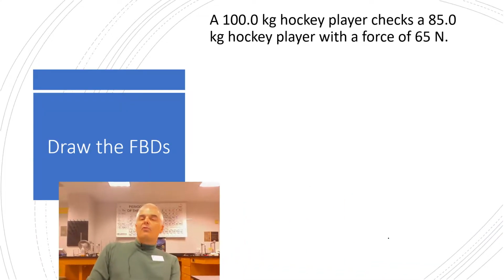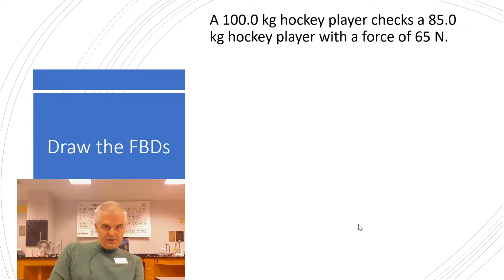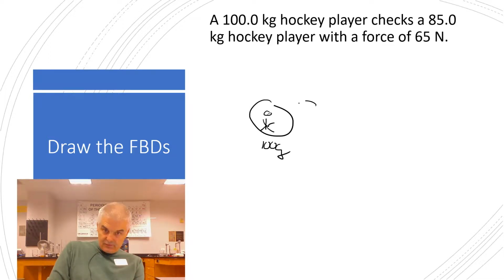So let's draw some force diagrams of some different situations. Let's say we have a 100-kilogram hockey player, and he checks an 85-kilogram hockey player. So this is the 100-kilogram guy, and then when they collide, boom, this is the 85-kilogram hockey player.